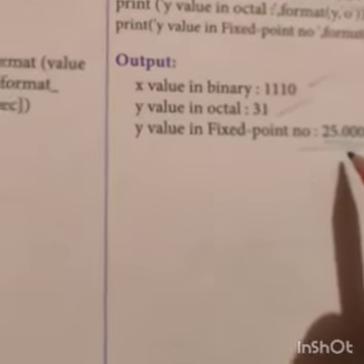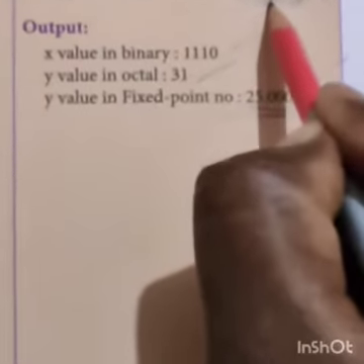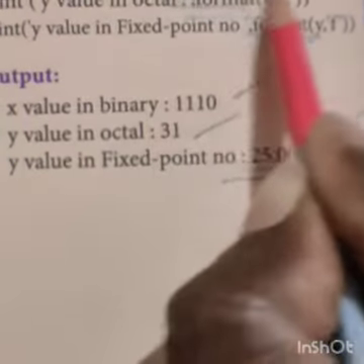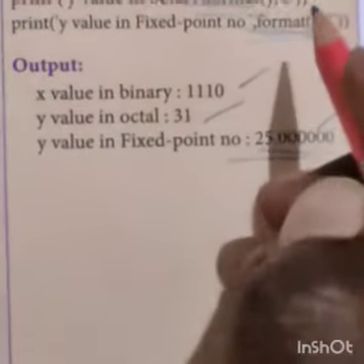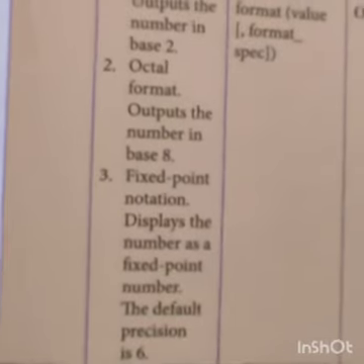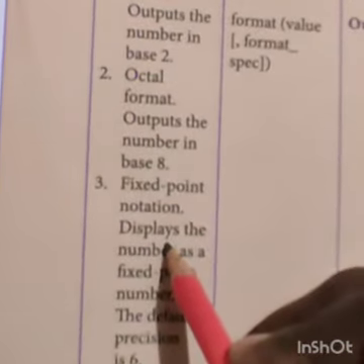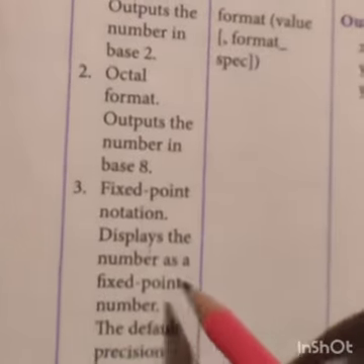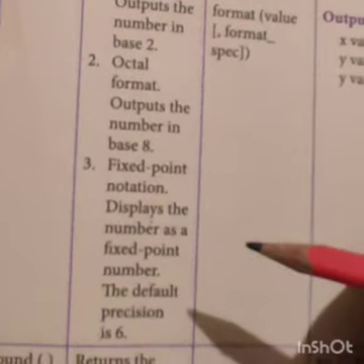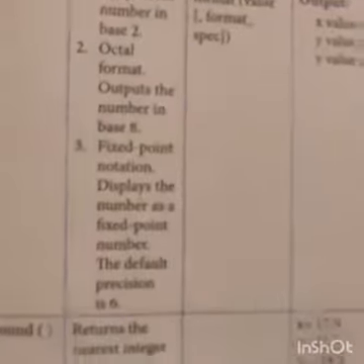So that is called format. Using the format function, it will come. What format you want, that format you can do: binary, octal, fixed point notation, hexadecimal. So many formats are there. So it returns the output based on the given format.